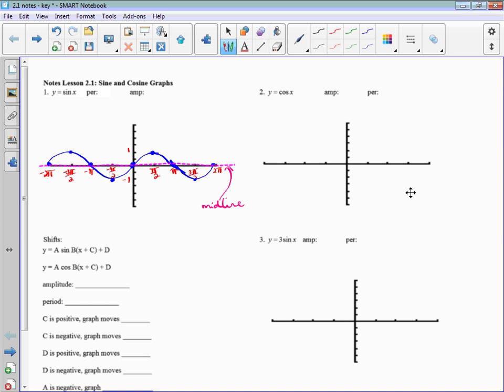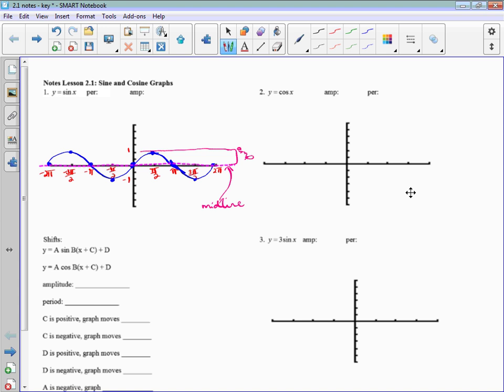The name hopefully makes sense. It's right in the middle, so it's your midline. To find the amplitude, you're just finding the distance from that midline to the top of your graph. That's as high as it goes. This distance right here, that's your amplitude.